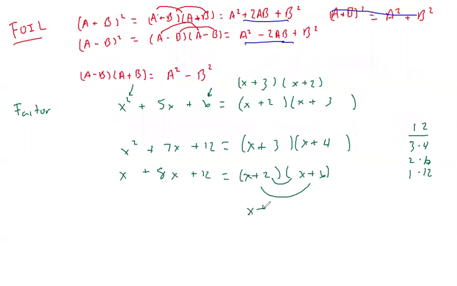Or x plus 1, x plus 12. 1x plus 12x is 13x, and 1 times 12 is 12, and x times x is x squared. Are there any others? Do you see any other factors, other than turning this around to make this 6 and a 2?